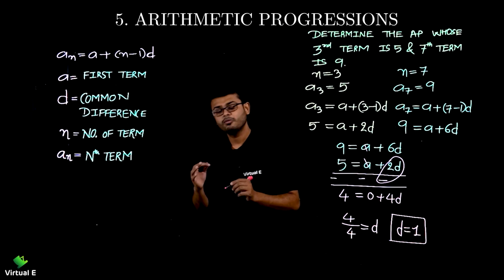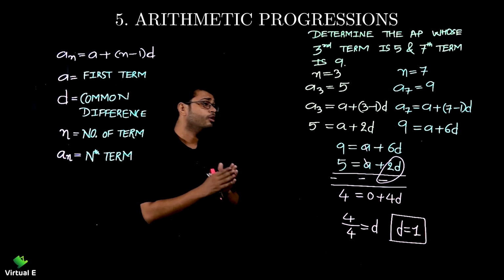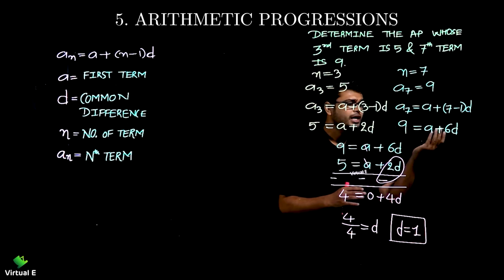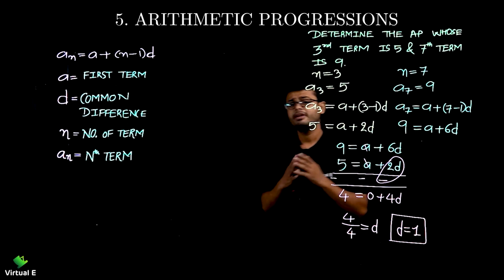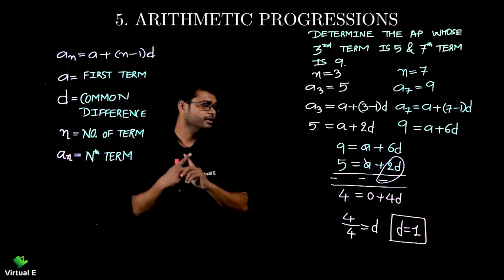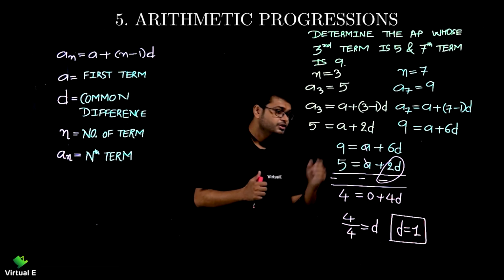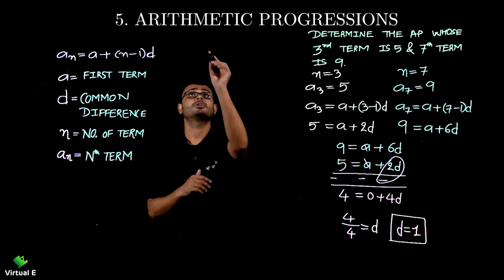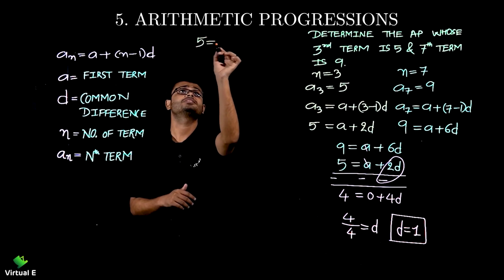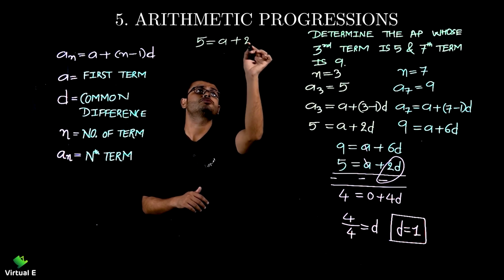Okay, so far we are going good. Nice. D is 1. Now what do we want to find? Value of a. You can use any of the equation to get the value of a. Then we have a and the value with us. Let's do it. So I am using the first equation, which is 5 is equal to a plus 2d.